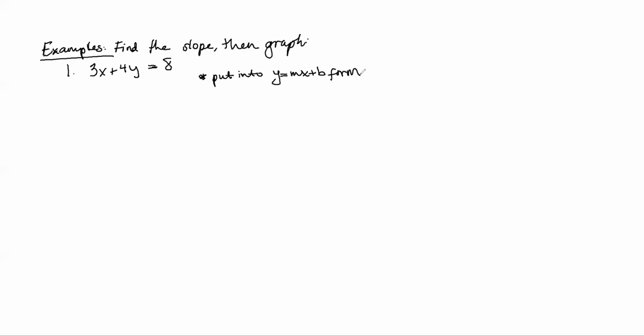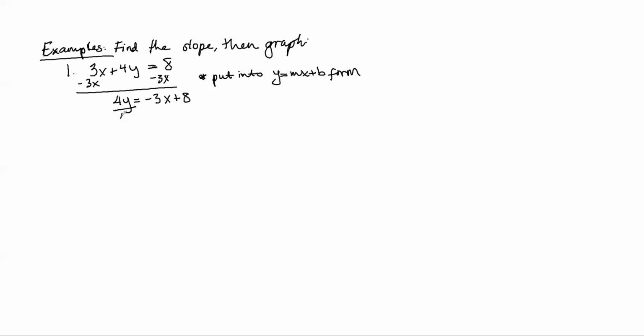And so to do that, first thing I'm going to do is move this 3x over to the right. So I'll subtract it. And we're left with a 4y on the left. And now on the right side, I'm going to put this negative 3x in the front, and then it's a positive 8, so plus 8. That way it's in mx plus b form.